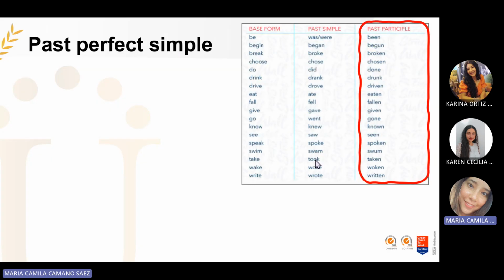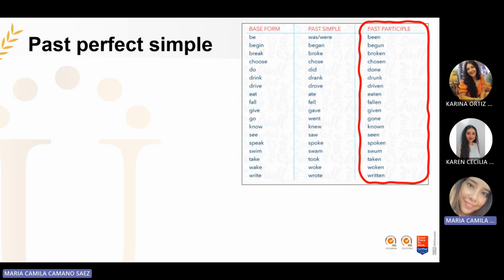Let's explain this. We have the third column of the verbs here, that is the past participle form of the verbs. In this list, we have only irregular verbs. You know that irregular verbs are verbs that change their form in the past simple and the past participle form. But remember, regular verbs, when we make a past tense or a past participle, we only add ED at the end of the verbs.